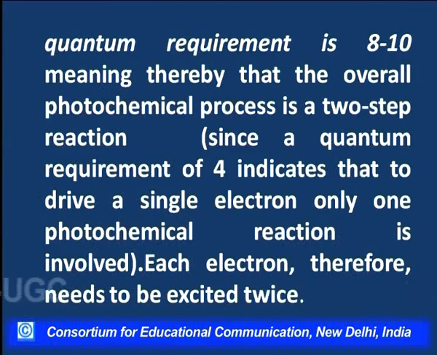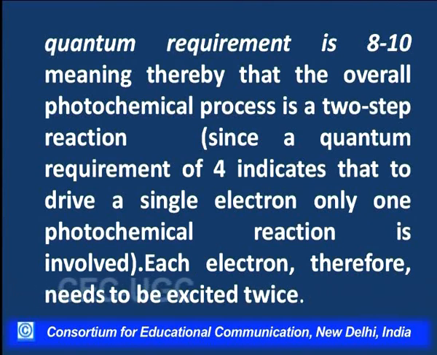Is there no process which is wasting energy in the intricacies of metabolism? Subsequent work was done by Emerson and Arnold and other workers, and they found that the quantum requirement was actually not 4, but 8 to 10. This was a remarkable discovery, because it meant that the photochemical process we are discussing is not in fact a single step reaction.